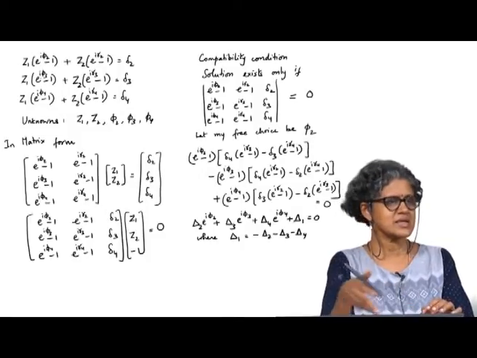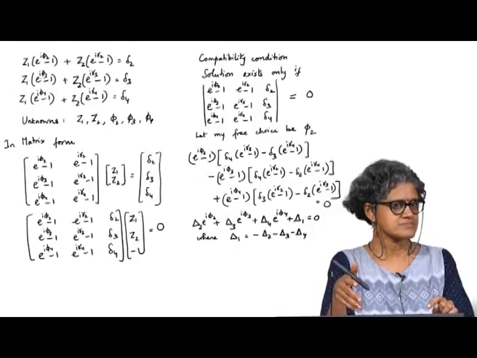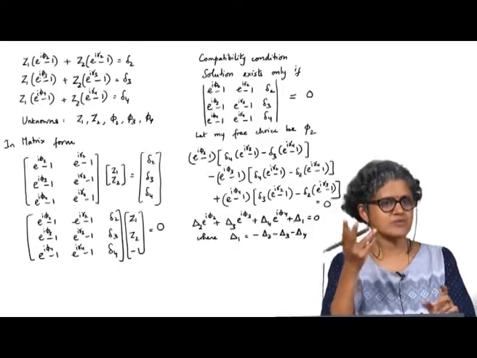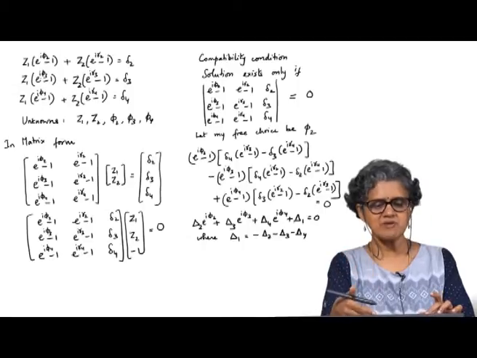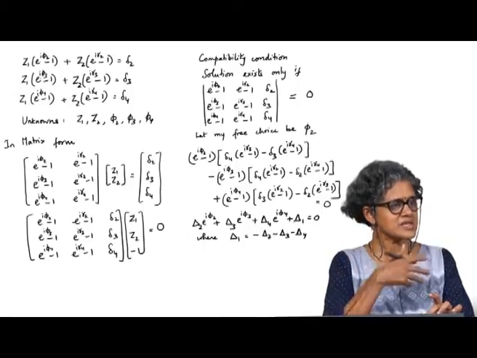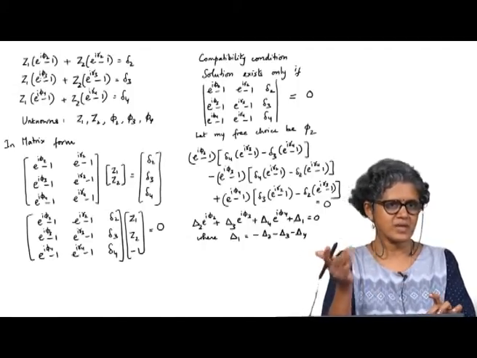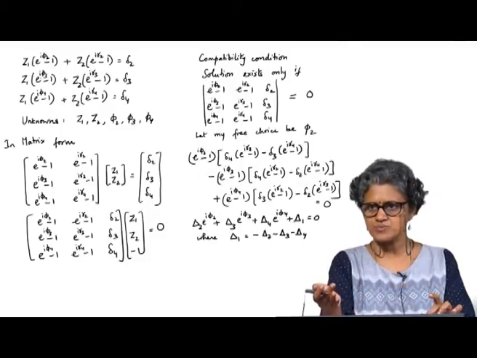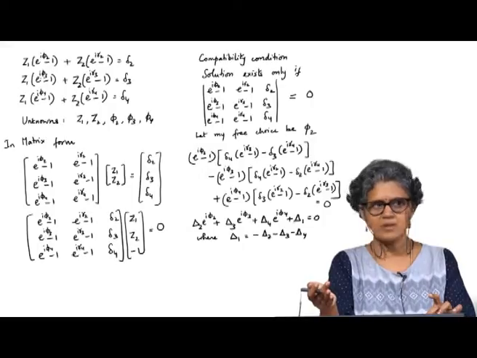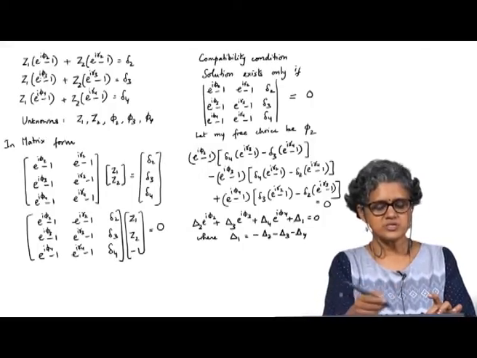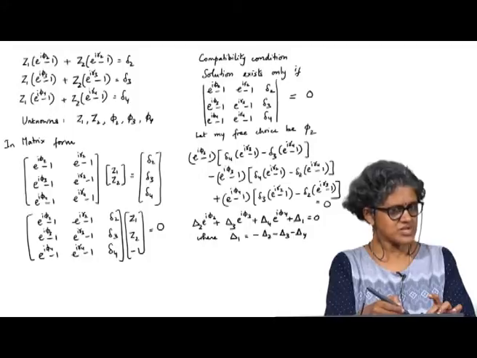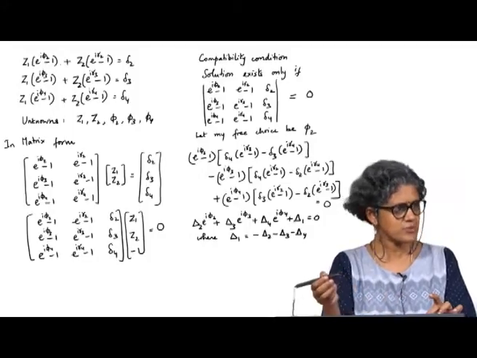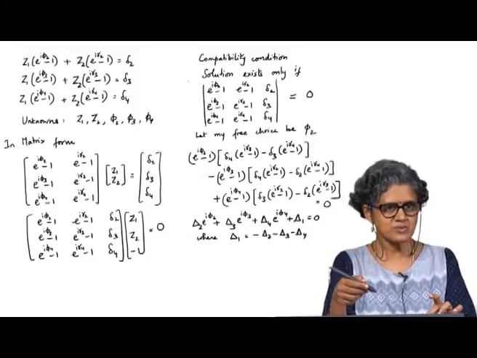Then it becomes just a linear system. See, earlier, for the 3 position problem, we picked phi 2 and phi 3 as free choices, made this a linear system of equations in Z1 and Z2.